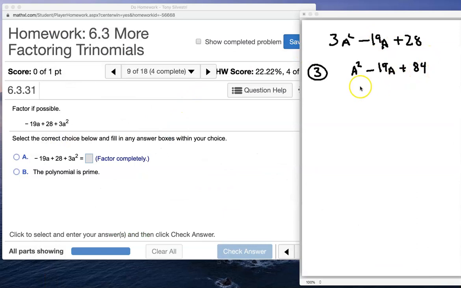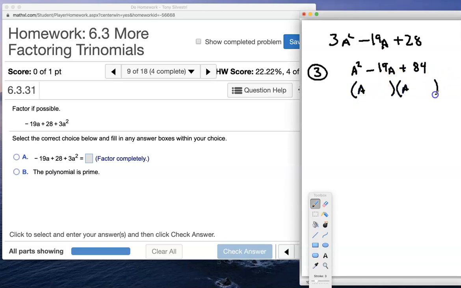So it looks like 7 and 12 are the numbers that are involved. So that website's just there to speed up the process. And again, you're going to get a link to that. A and A. I think double negatives for the positive 84, 7 and 12. And I think if you do a FOIL, you're going to get the 19. Make fractions out of those numbers. Okay, I'll make a fraction out of that, make a fraction out of this with the magic number.